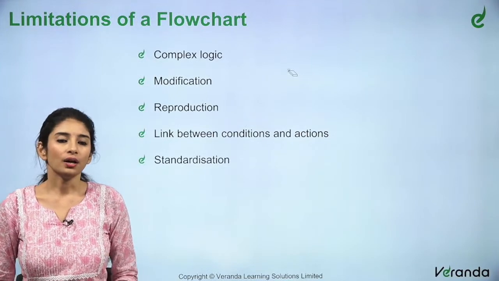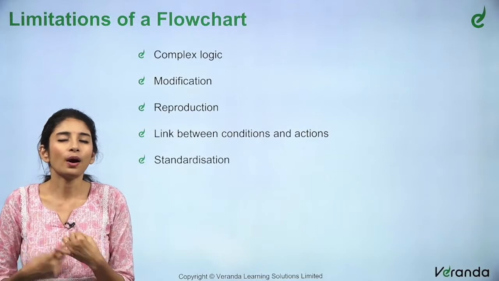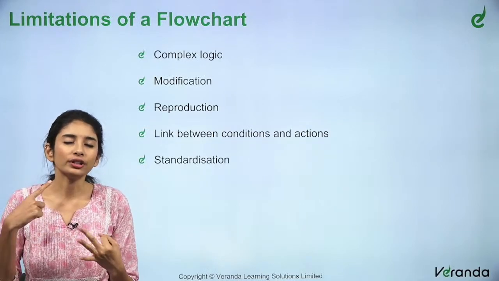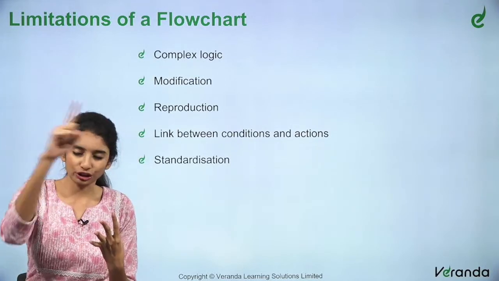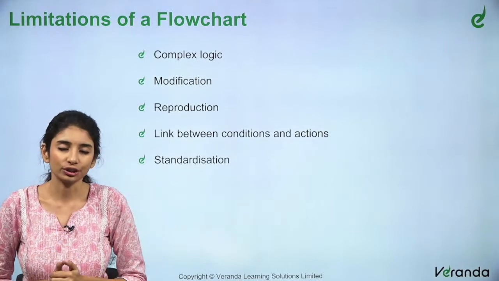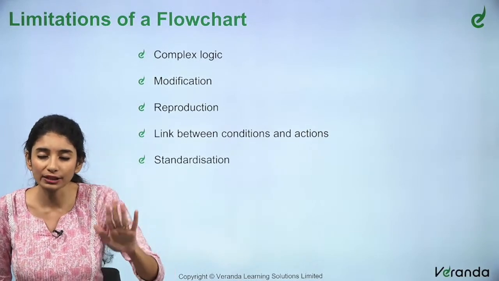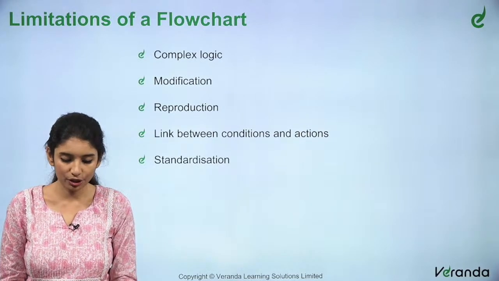Without seeing, come on, close your eyes. Complex logic, modification, reproduction, link between conditions and actions, standardization. So we have 5 points with regards to the limitations of a flowchart. So we finish advantages and limitations of a flowchart.